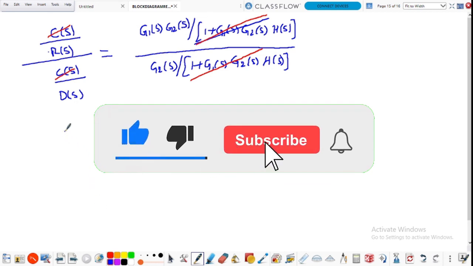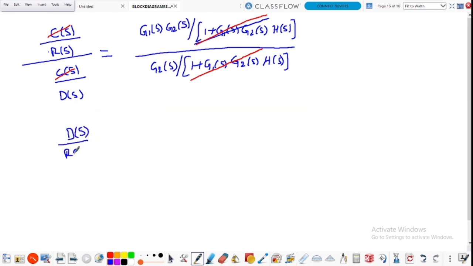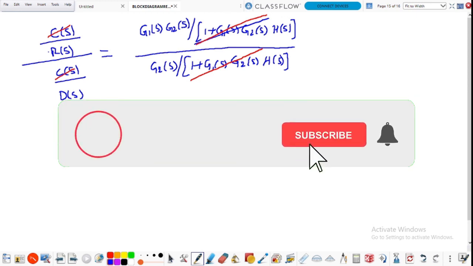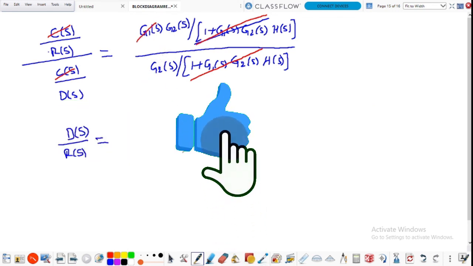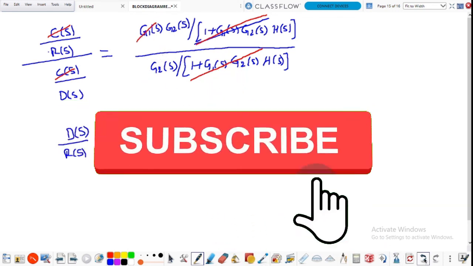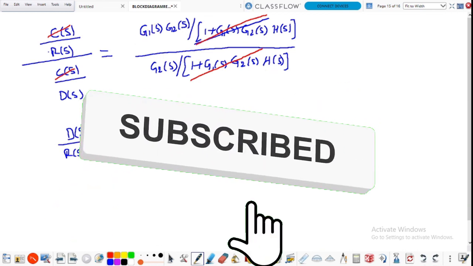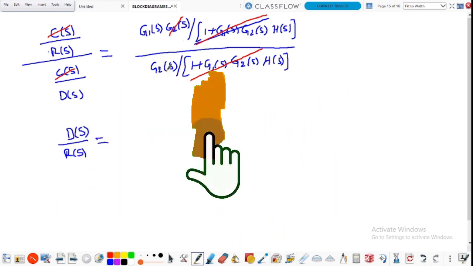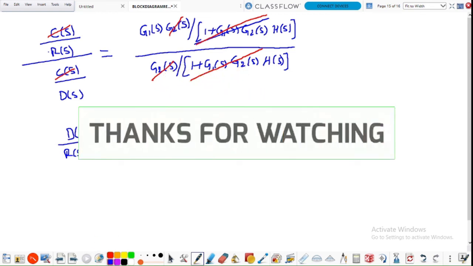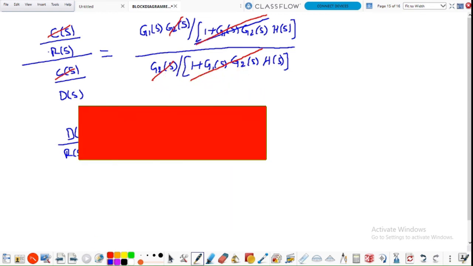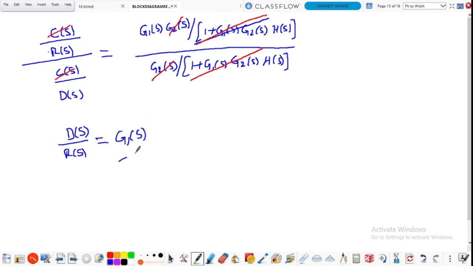We get D of S by R of S is equal, and here also numerator and denominator G2 of S is cancelled. So therefore D of S by R of S is equal to G1 of S. So this is the value of D of S by R of S of the given block diagram.